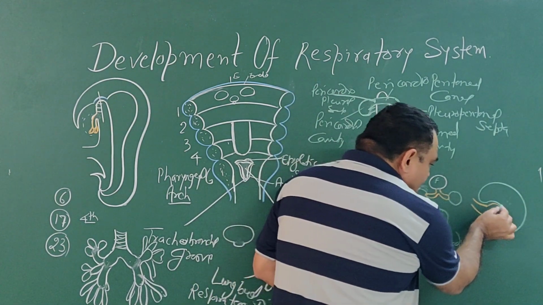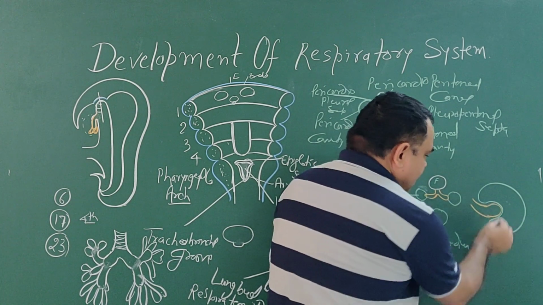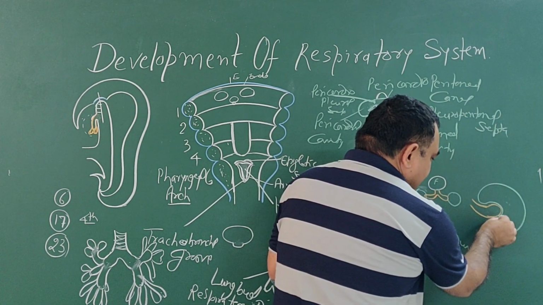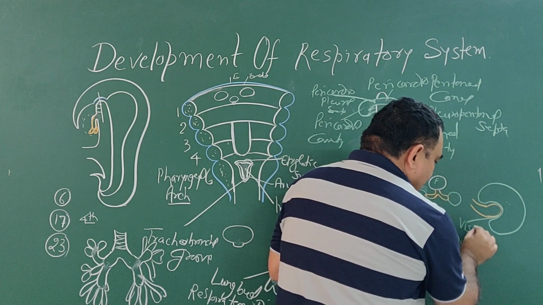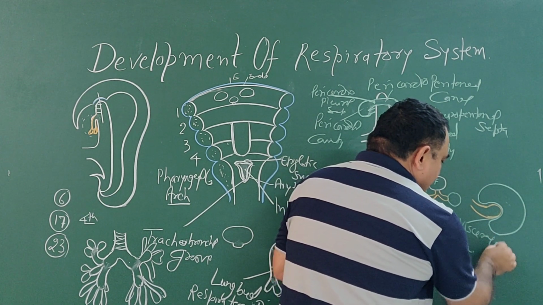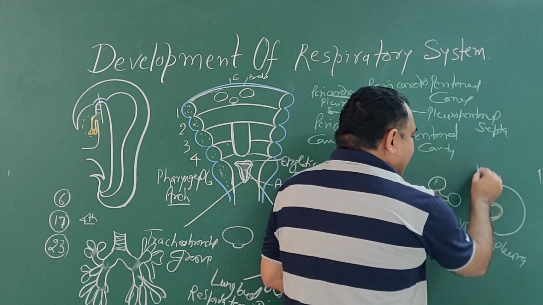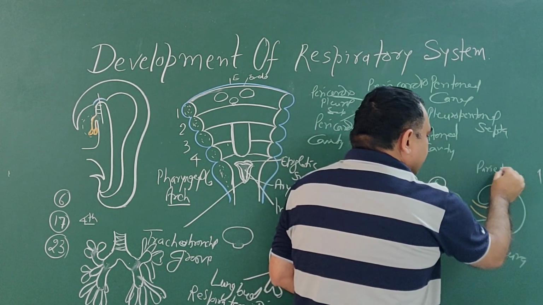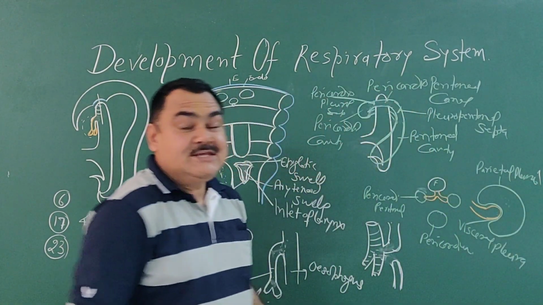The part of this canal which is close to the lung forms the visceral pleura, and the outer part forms the parietal pleura. So visceral and parietal pleura are formed.